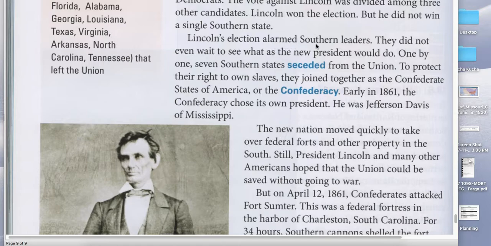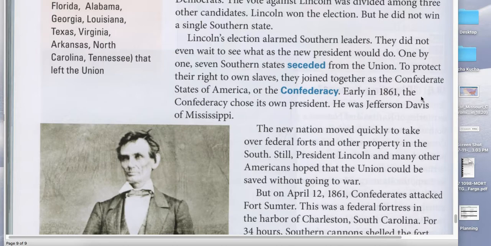Lincoln's election alarmed Southern leaders. They did not even wait to see what the new president would do. One by one, 7 Southern states seceded or left from the Union to protect their right to own enslaved people. They joined together as the Confederate States of America, or the Confederacy.